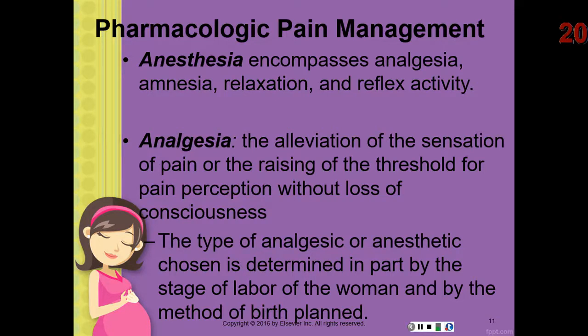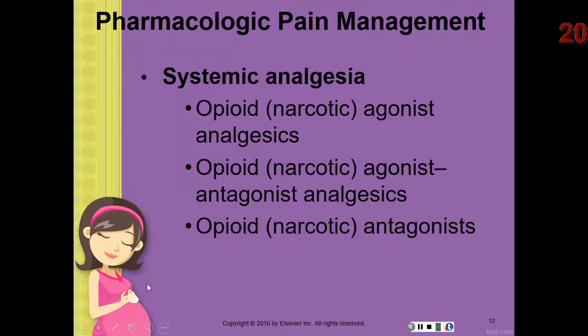So the first is analgesia, and obviously we're going to be giving this drug, but it's totally going to depend upon the stage of labor that the woman is in, how she's coping, what her birth plan is, and how the baby is looking before we actually decide what we're going to give.